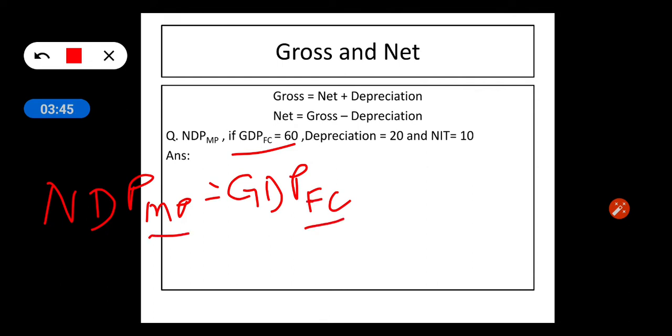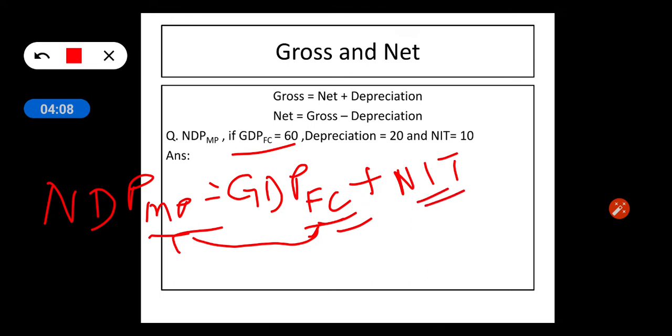Now we have FC here and we have to find MP, right? GDP FC is given, and we have to find NDP MP. So we have to convert FC to MP first. To convert FC to MP, we are going to add NIT, because MP is a sum of FC and NIT.